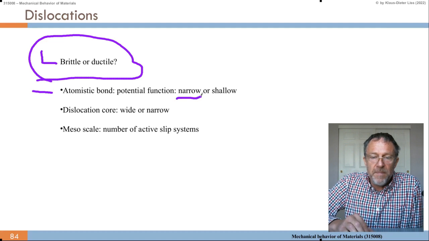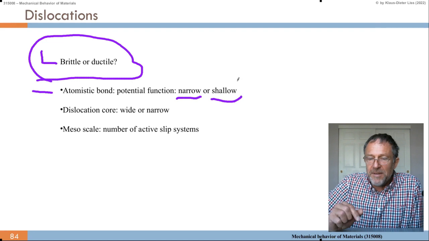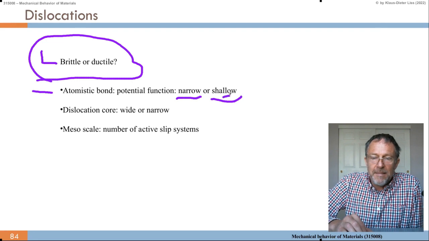If you open them, you destroy them, and that gives you a brittle material. Or if it's shallow, so the bond strength doesn't depend so much on the distance, like in a metal, then it becomes ductile.